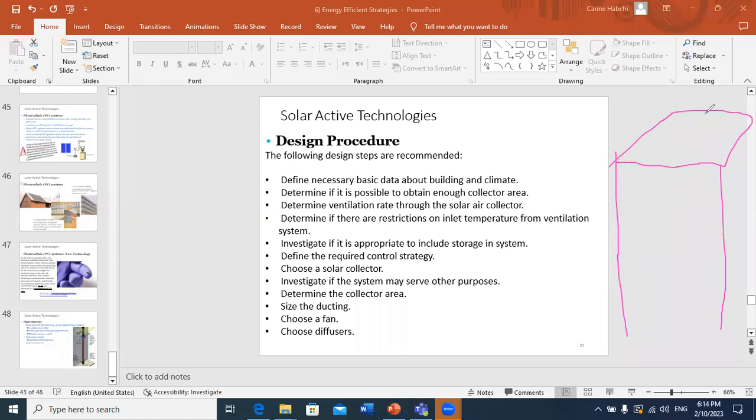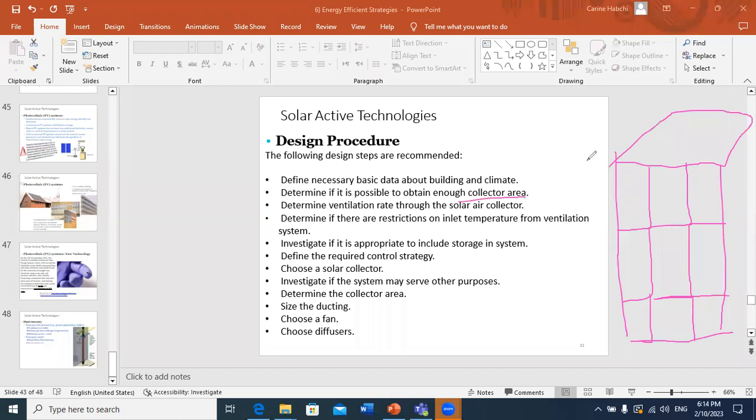Because of this limitation, currently we are trying to develop facades of collectors in a way to not compromise the aesthetic of the building. So we are trying to suggest beautiful facades that can allow to collect a high amount of solar energy. So this can overcome the constraint of the area.